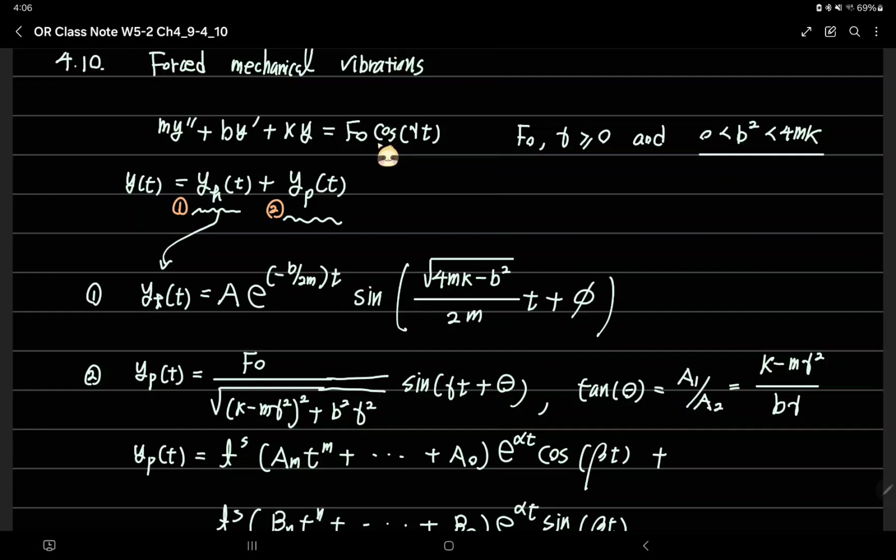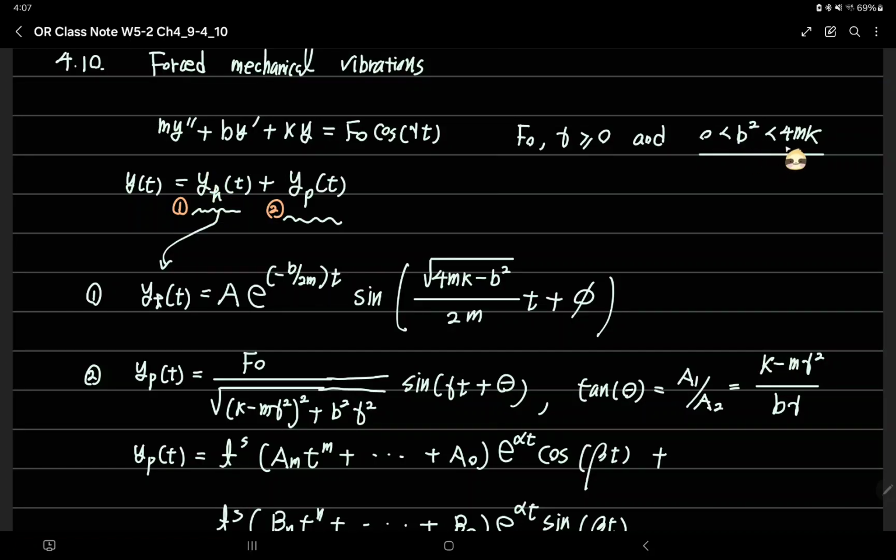Using the superposition principle, y of t must be a general solution to the homogeneous equation plus a particular solution. We got y sub h in 4.9.